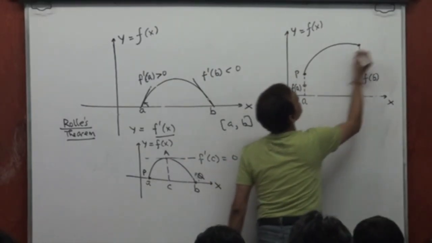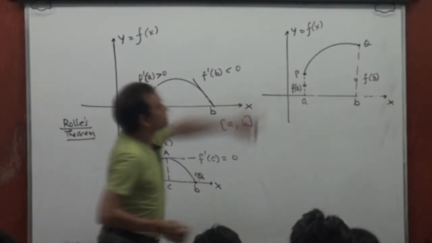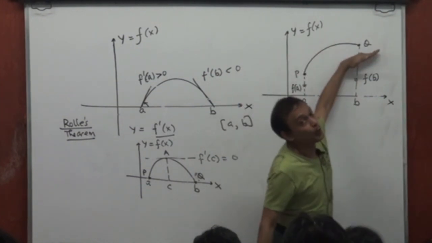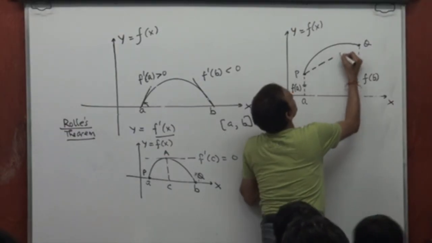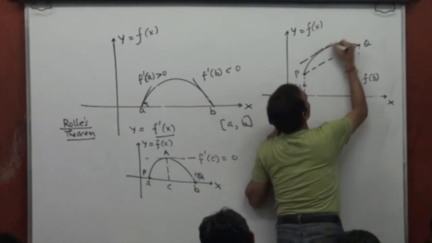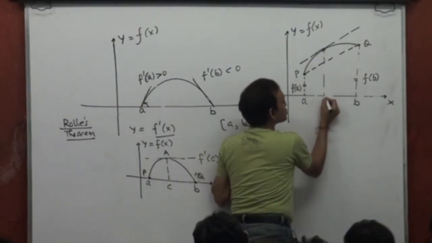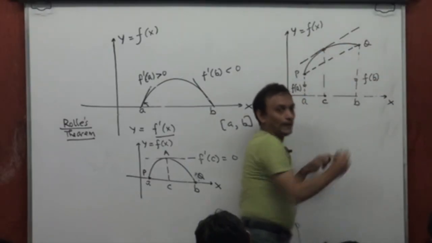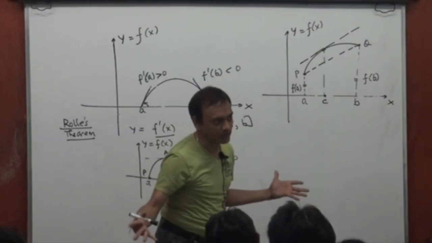This is the point P, this is the point Q. Once again, there would be a certain point on the graph of this function where the tangent becomes parallel to PQ, right? This is PQ. So, what is guaranteed is a point on the graph of the function, a certain point that corresponds to x equal to c belonging to a to b, such that the tangent becomes parallel to PQ. Yes or no? The physicality was this only.